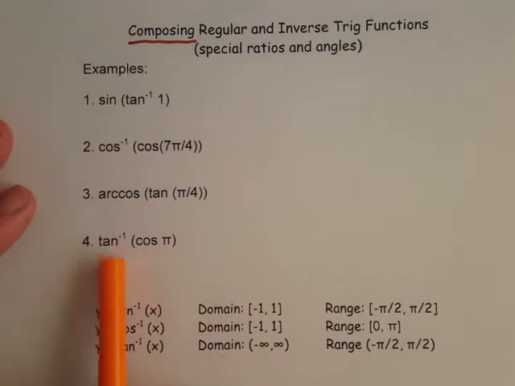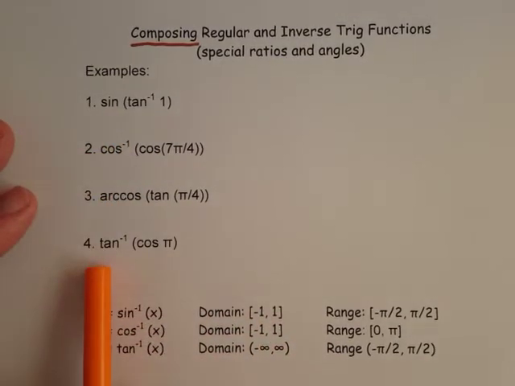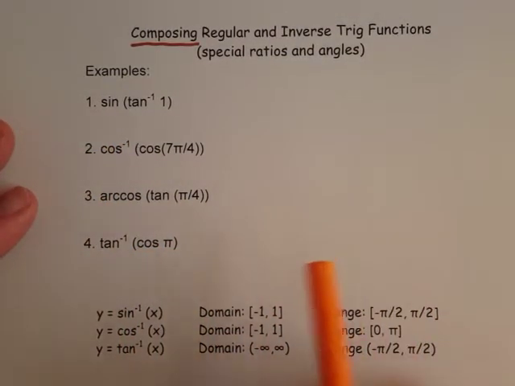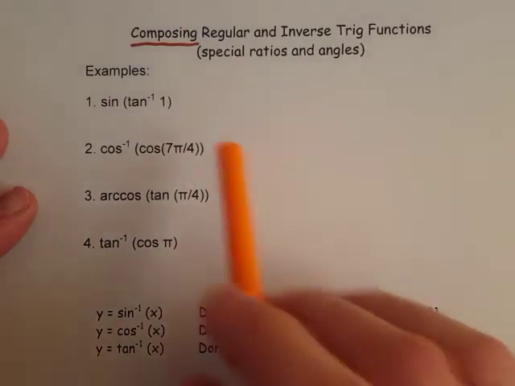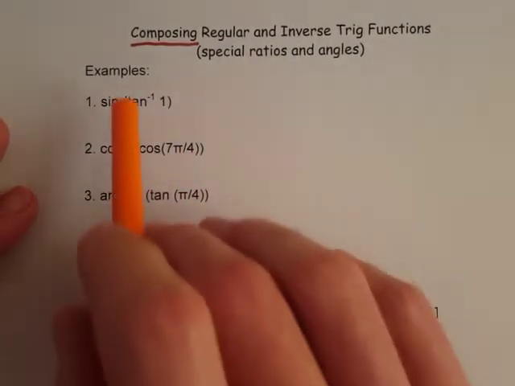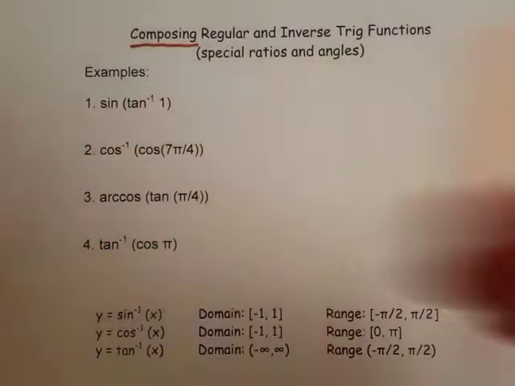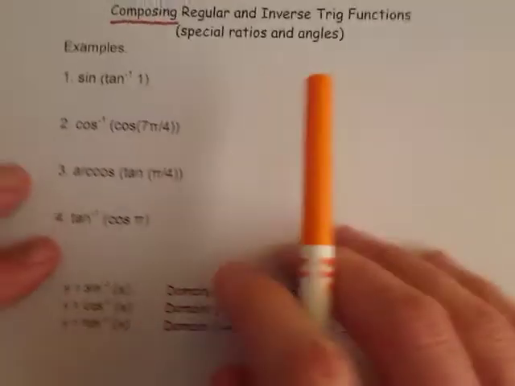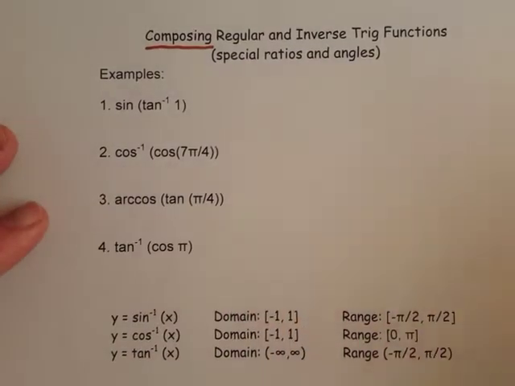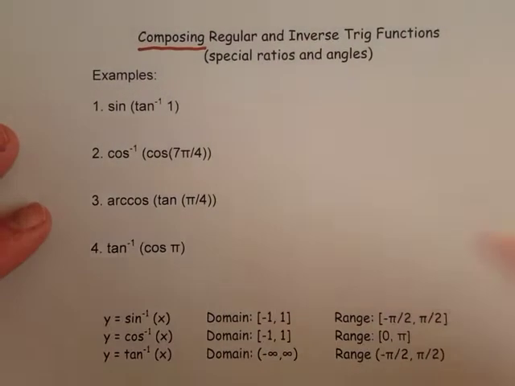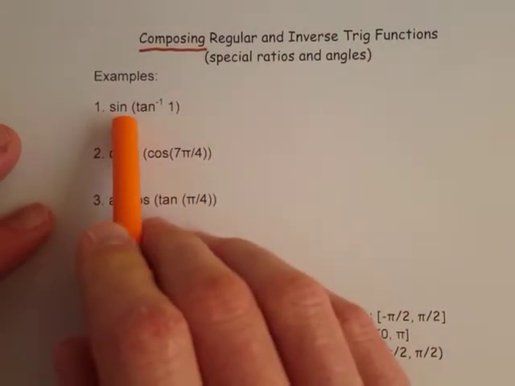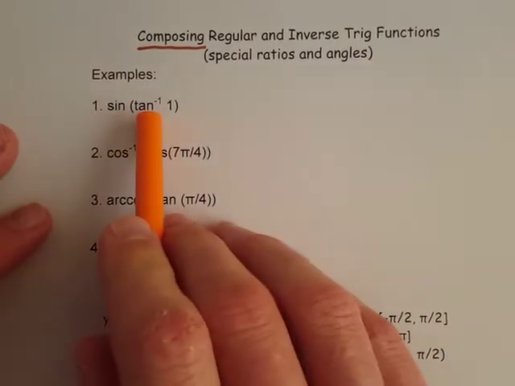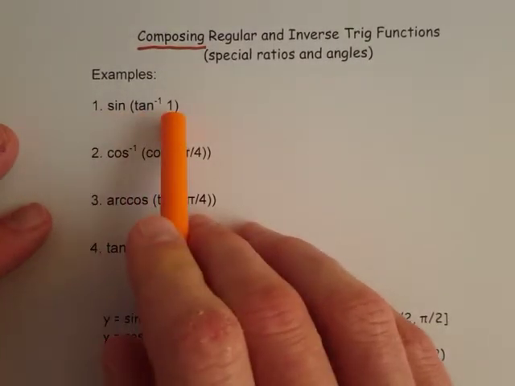If we're talking the inverse trig functions, what comes out of those are angles. So we can expect to see angles for these three and a ratio for this one, just familiar to us because we're using a lot of things having to do with the special right triangles as well as some quadrantal angles. Let's start with this one right here, where we have sine of tangent inverse of 1.